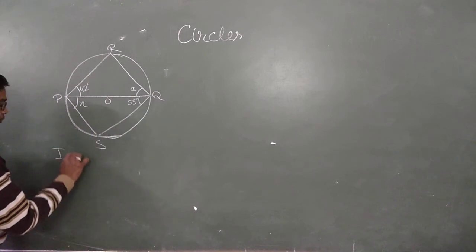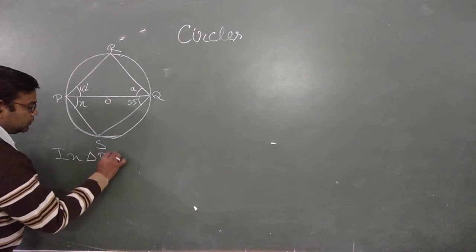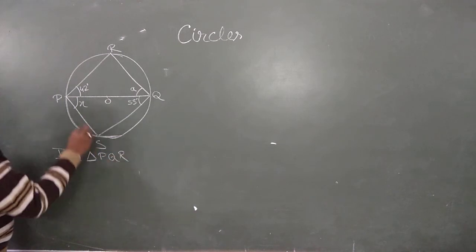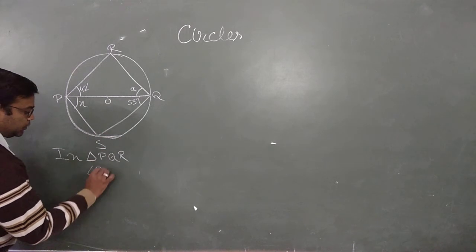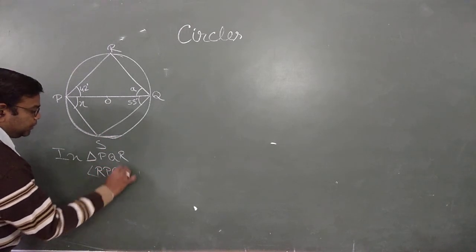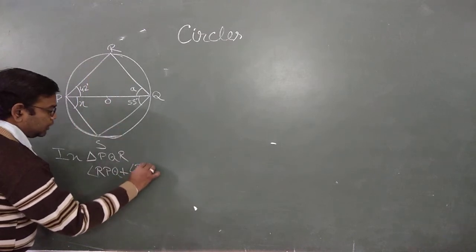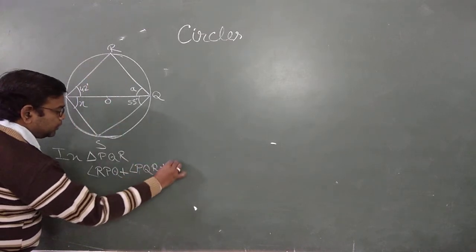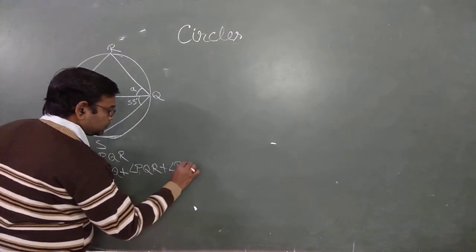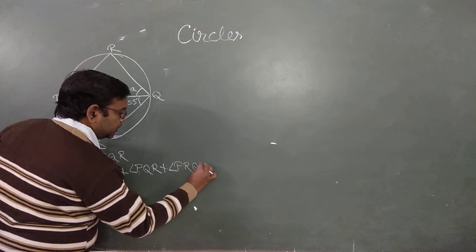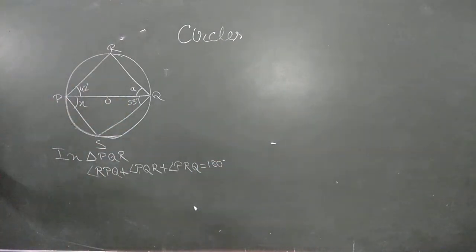So in the first figure, in triangle PQR, we know that angle RPQ plus angle PQR plus angle PRQ is 180 degrees because of the angle sum of a triangle.